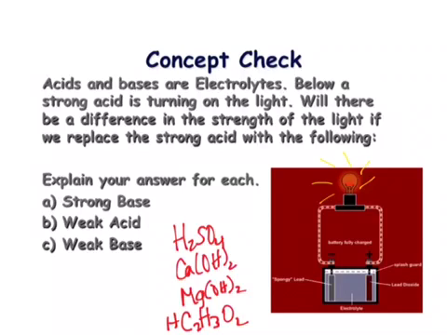Yes, because it's a strong acid. Calcium hydroxide, bright, yes or no? Yes, it's a strong base. Magnesium hydroxide? No, it's a weak base. Wait, how do you know it's a weak one? Because it has magnesium. Okay.